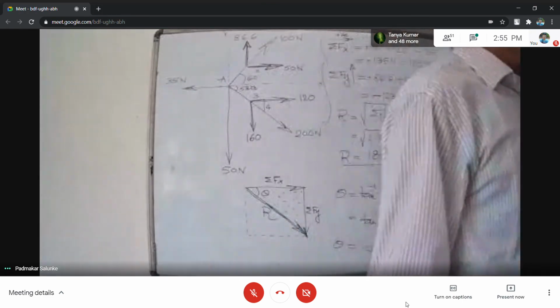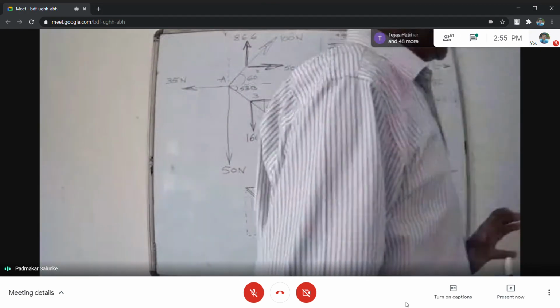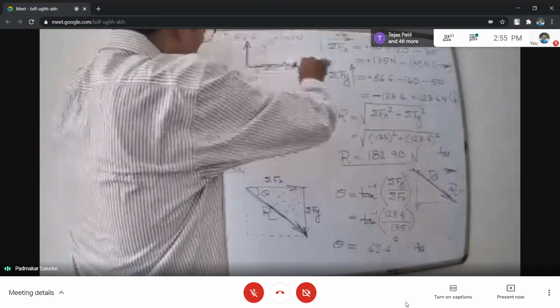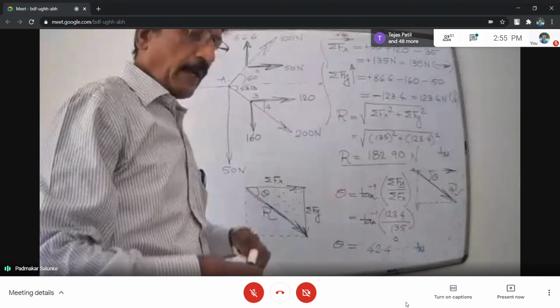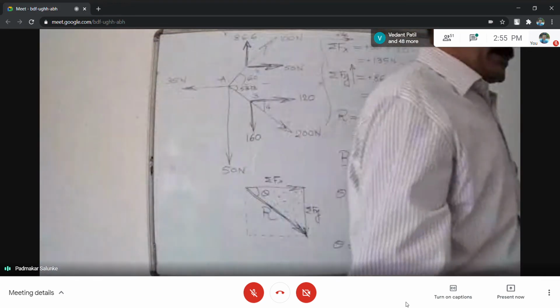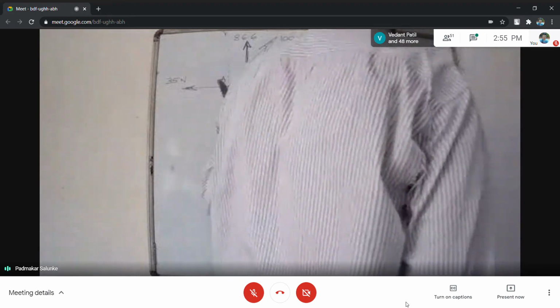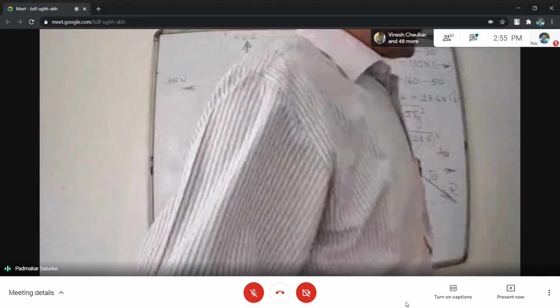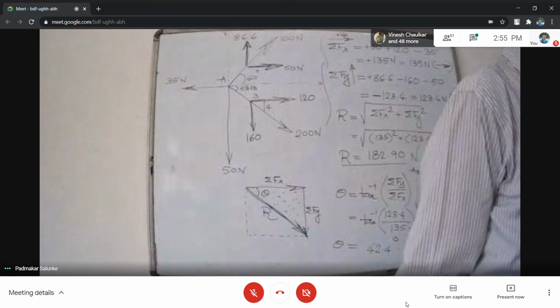So friends, in this simple exercise, a total of 4 forces were given. The second problem may be related to 5 forces, 10 forces, whatever it may be. If they are acting at point A, this is a problem related to a concurrent coplanar force system.